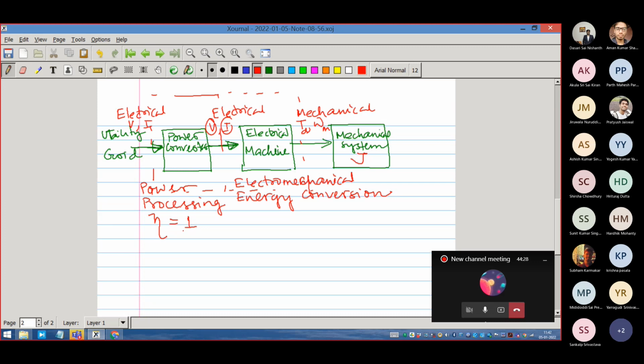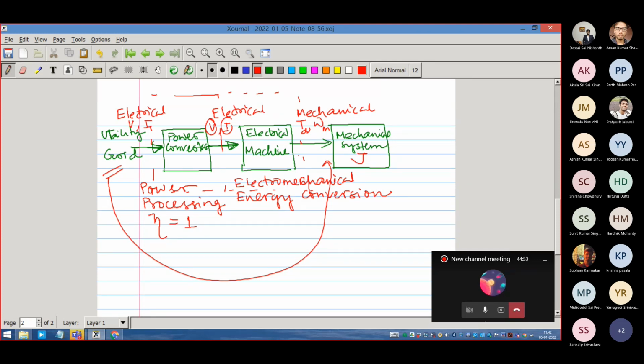It is not consuming any energy in itself. The electrical machine also has a reasonably good efficiency. So the power that you are taking from the grid is going to the mechanical system without much loss. We want this transfer from the utility grid to the mechanical system.